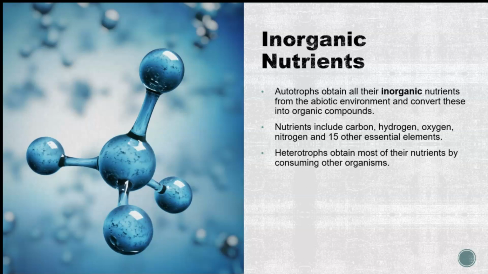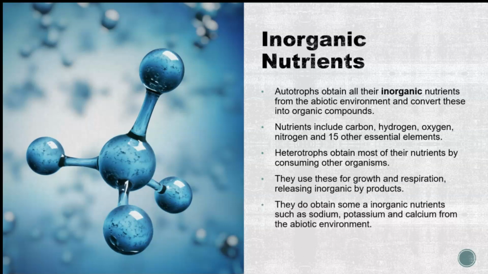Heterotrophs obtain most of their nutrients by consuming other organisms. They use these for growth and respiration, releasing inorganic byproducts. They do obtain inorganic nutrients such as sodium, potassium and calcium from their abiotic environment.